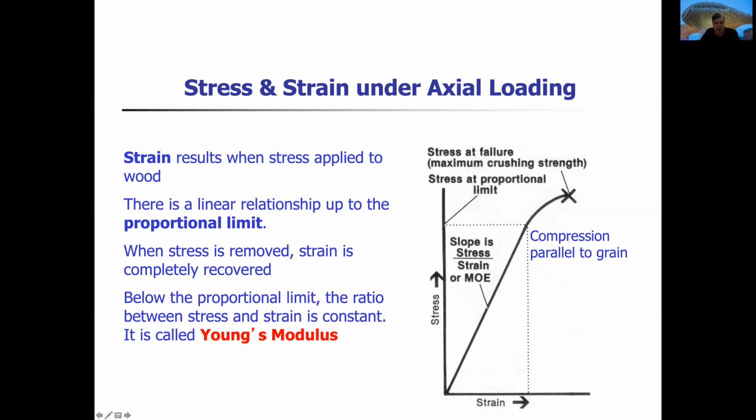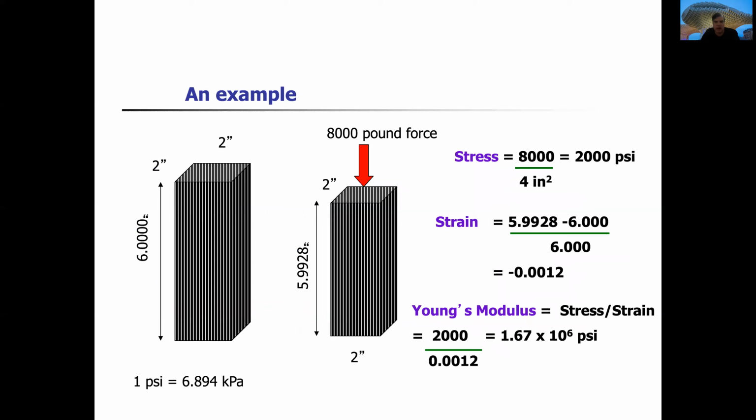Below the proportional limit, we have a relationship between both of those elements, stress and strain, and that is related with the Young modulus. Here we have an example that we already looked at in the past that is very simple. We have a piece of material, a column, sorry, of 2 by 2, with a normal length of 6 feet, and we have a load of 8,000 pounds on the top of this particular material.